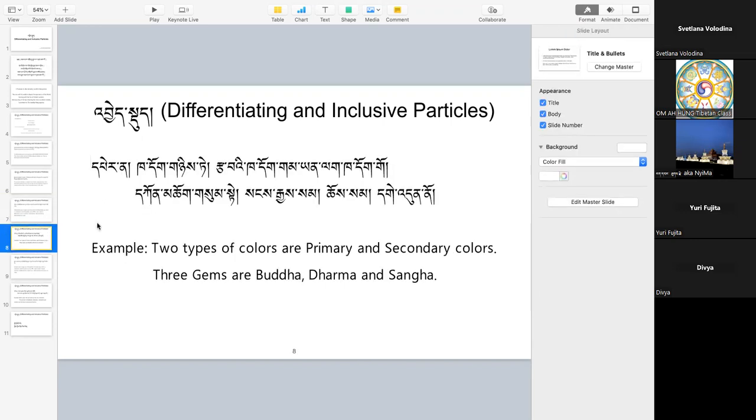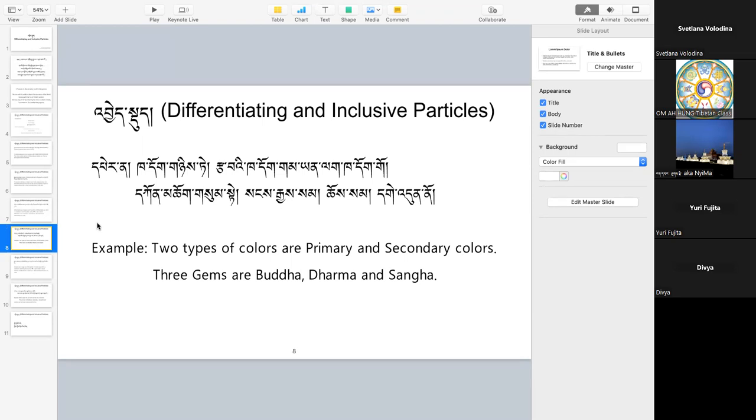So let's see an example. Bedna kado nite sawe kado kam yenla kado ko, which means two types of colors are primary and secondary color. So there are two types of colors, and the two types of colors are primary and secondary colors.